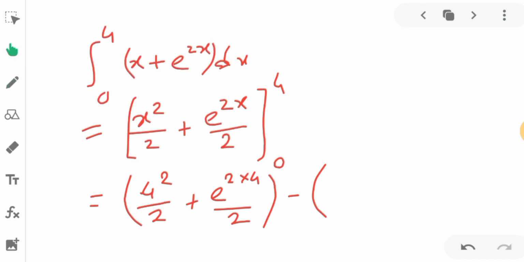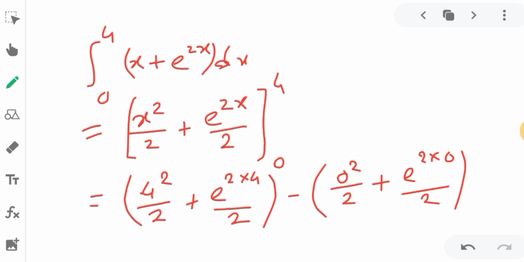So I will put x as 0: 0 square upon 2 plus e to the power 2 into 0 upon 2. Now I will solve this.